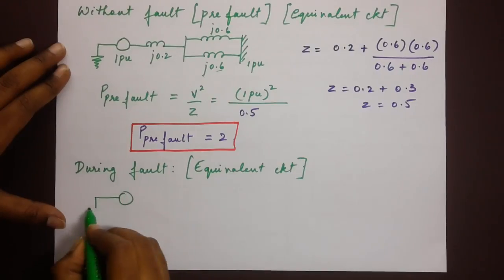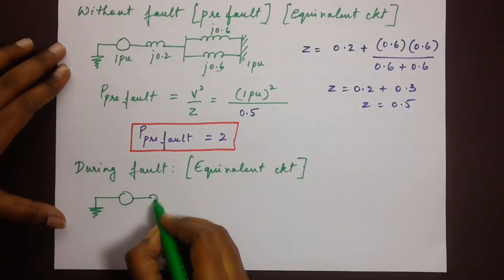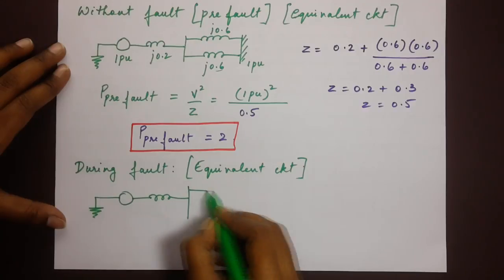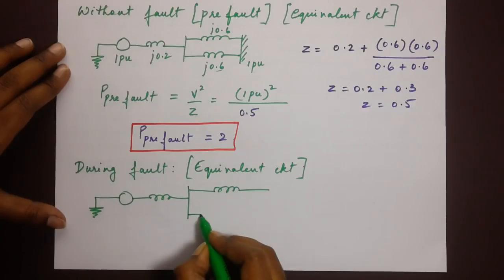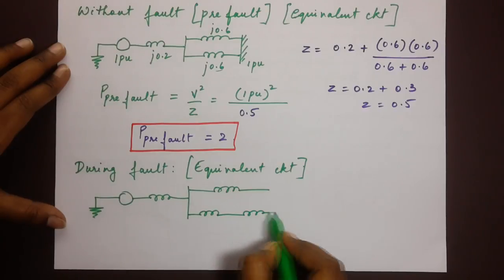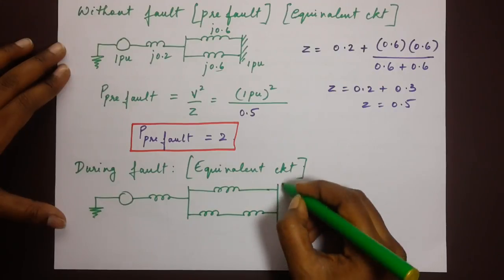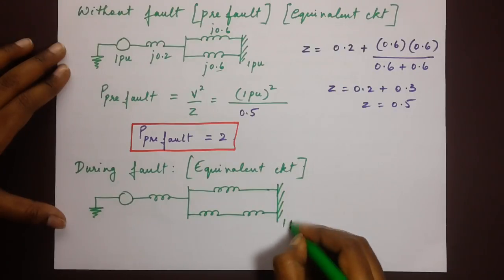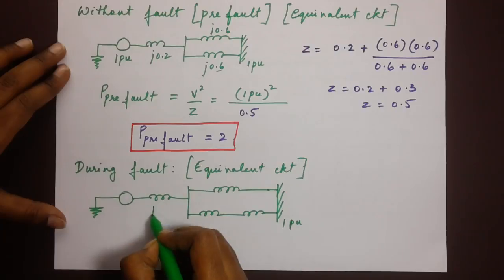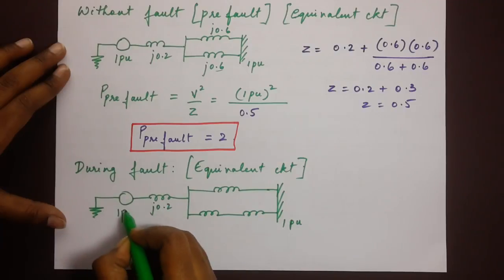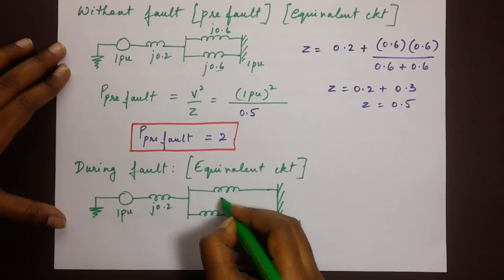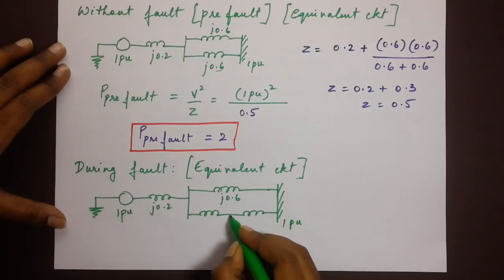Please observe. Here's our infinite bus, 1 pu, and this is 0.2, this is 1 pu, and here we have j0.6.